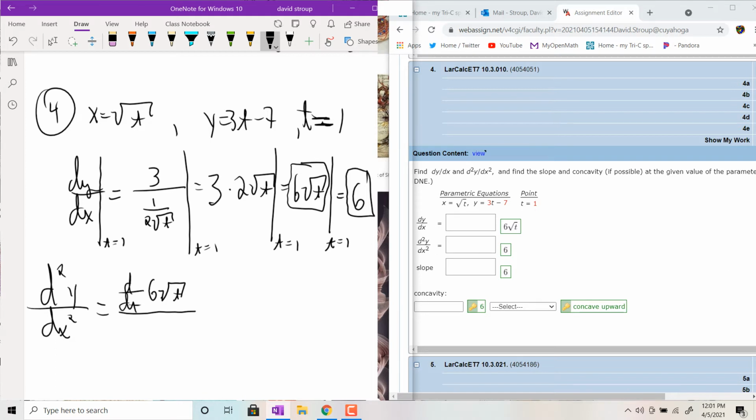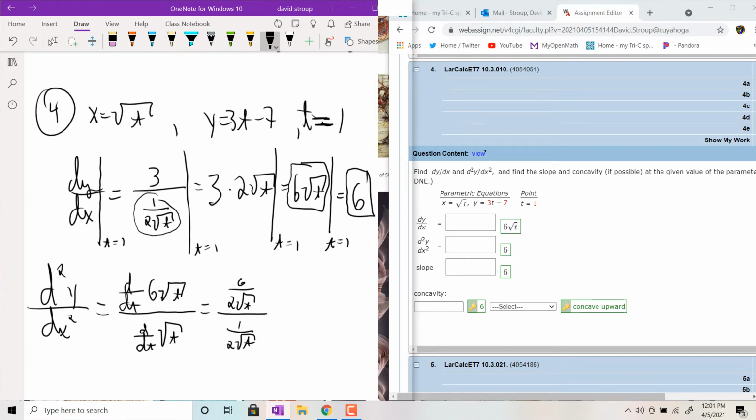So for the sake of completeness, let's write it out. The derivative with respect to t of 6 square root t will be 6 all over 2 root t, and then all over 1 all over 2 root t.